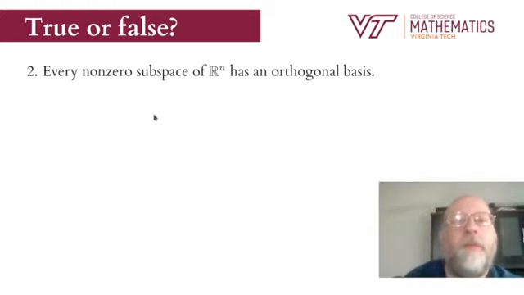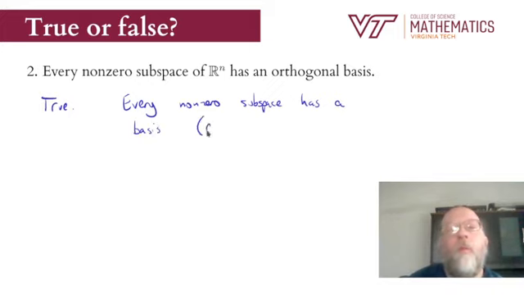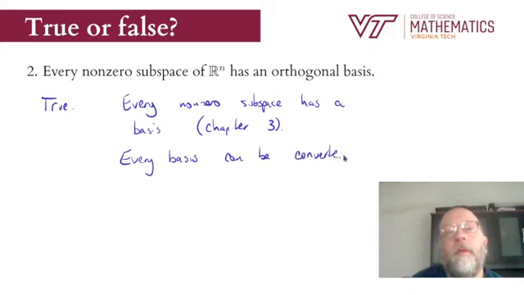Every non-zero subspace of Rn has an orthogonal basis. True or false? Yes, true. Every non-zero subspace has a basis. We saw that way back in chapter 3. And every basis can be converted to an orthogonal basis.